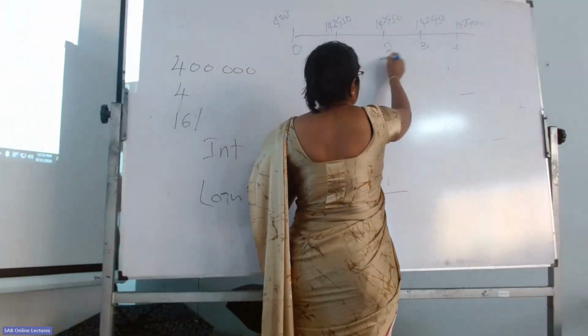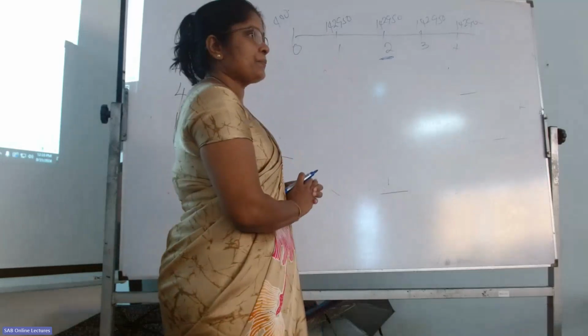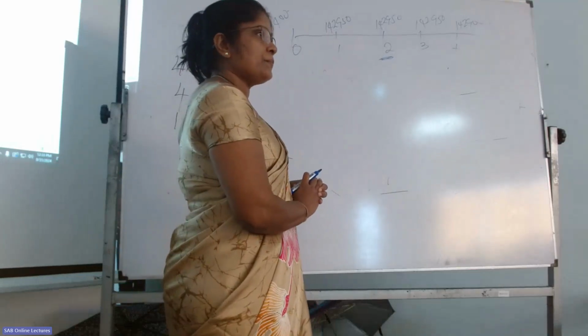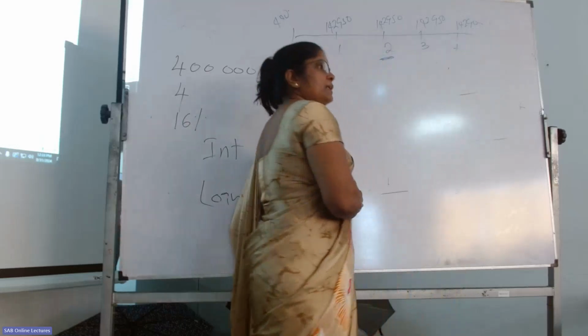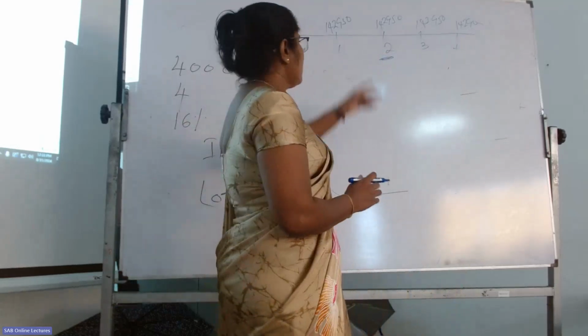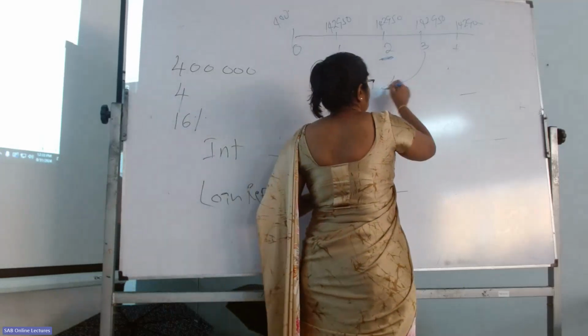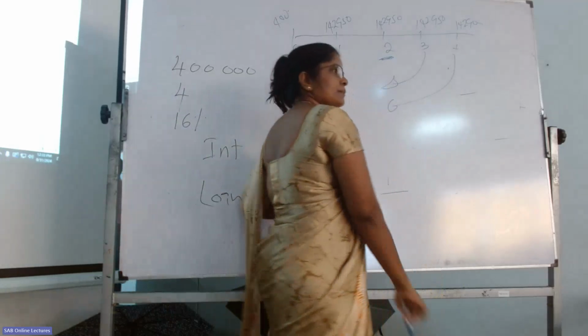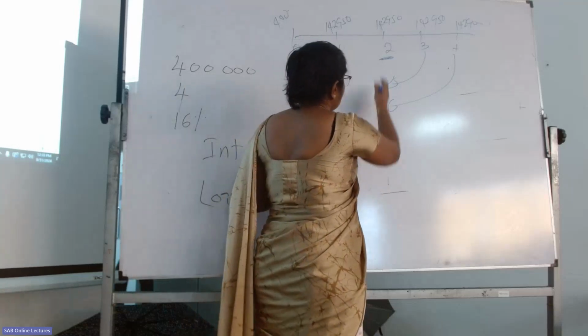If you are going to settle the loan after the end of year 2, how much do you have to pay? There are 2 installments remaining to be paid. So the present value of these 2 installments at that period gives your outstanding loan balance at the end of year 2.